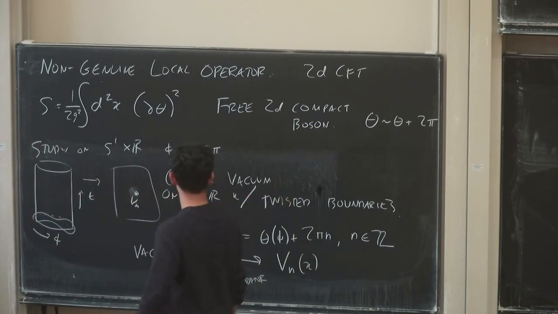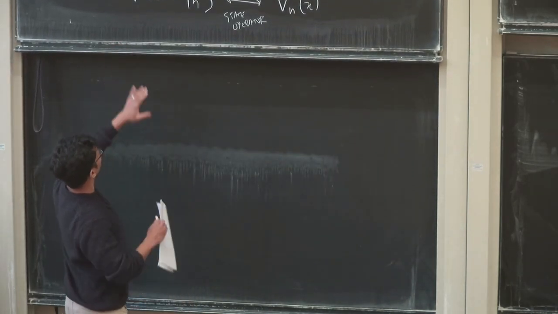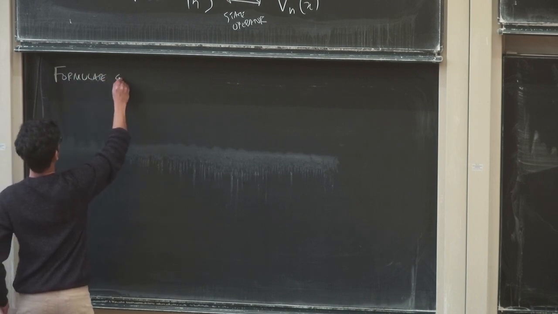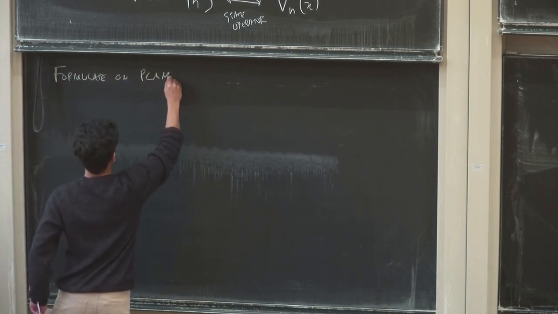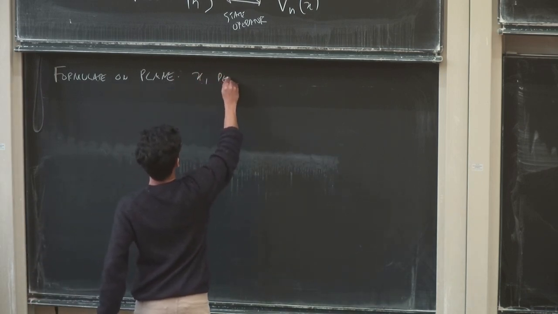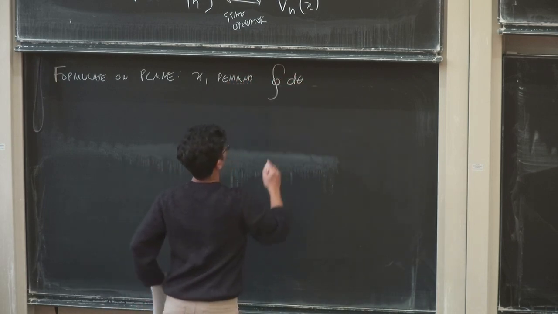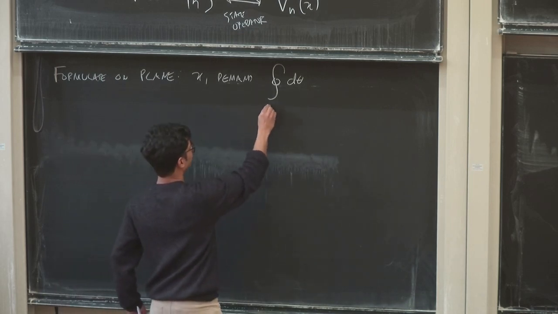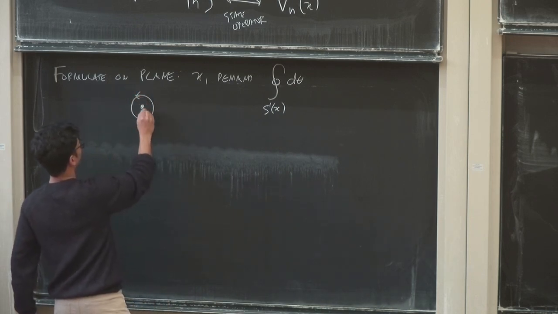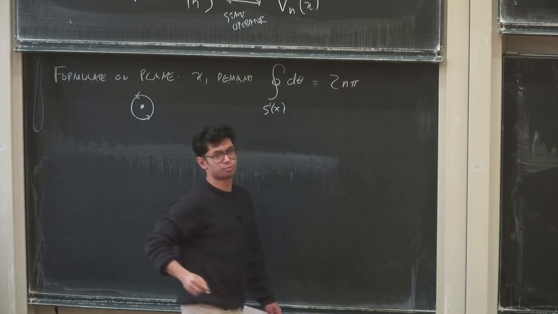Notice that I could have formulated it directly on the plane. The way in which I would do it is, I would take a point x and I would demand that the integral of my target space field d theta on some small curve surrounding that point is a multiple of 2 pi.